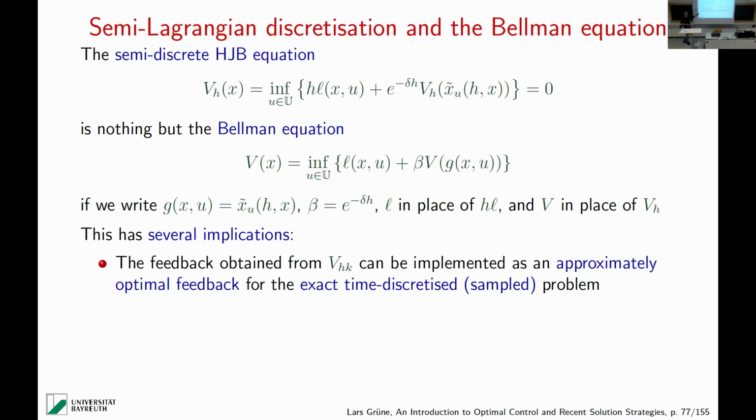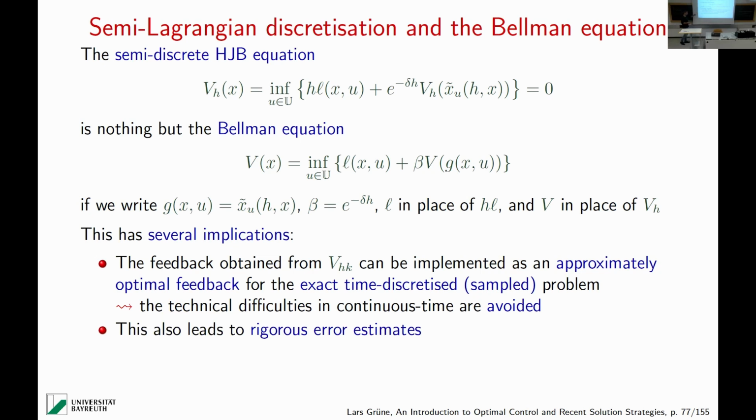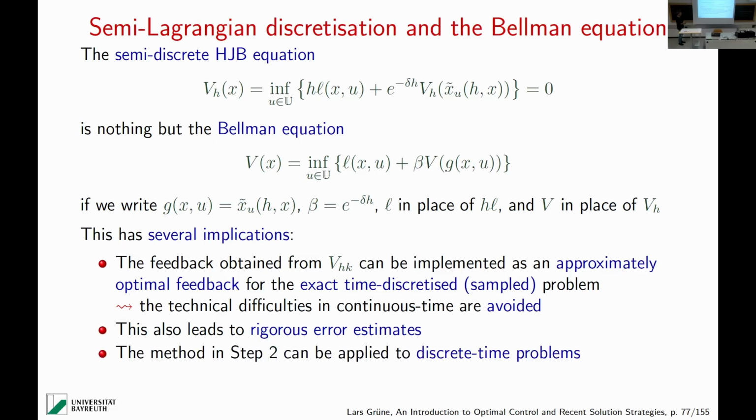This also avoids the technical difficulties in continuous time, because we can apply what we get numerically as a feedback that does not change continuously, but changes only in small pieces. And this parameter H tells you the distance between two time points where we change the feedback law. As I said, this also leads to rigorous error estimates.